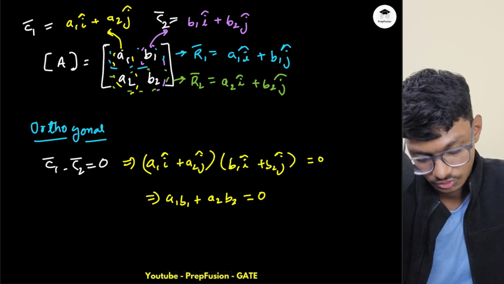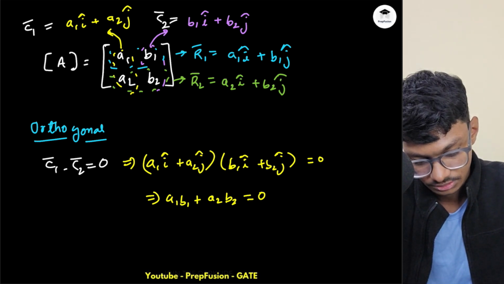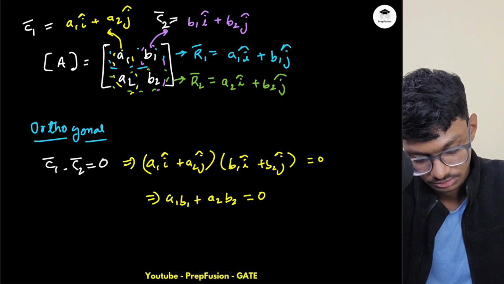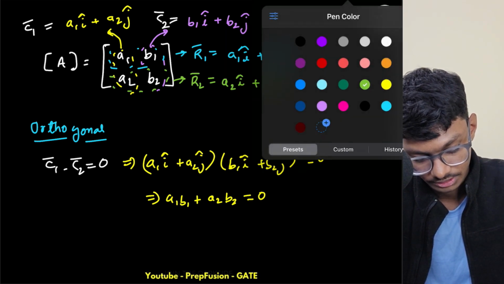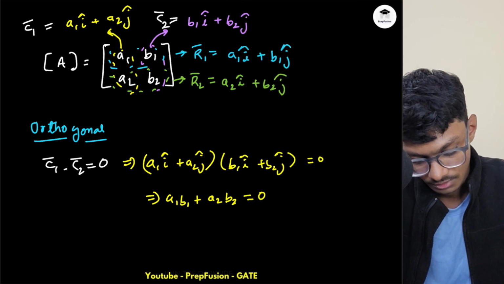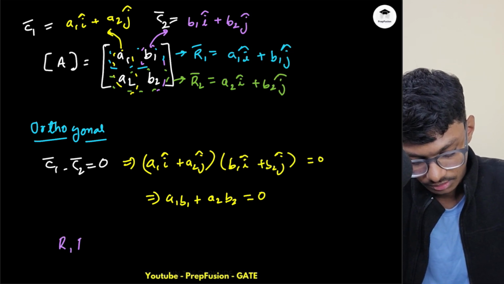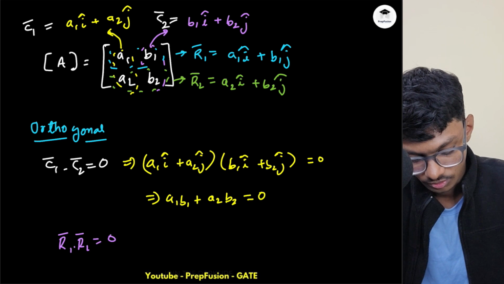Okay, so basically, simply what I can write is, again, r1 dot r2 should be equal to 0.